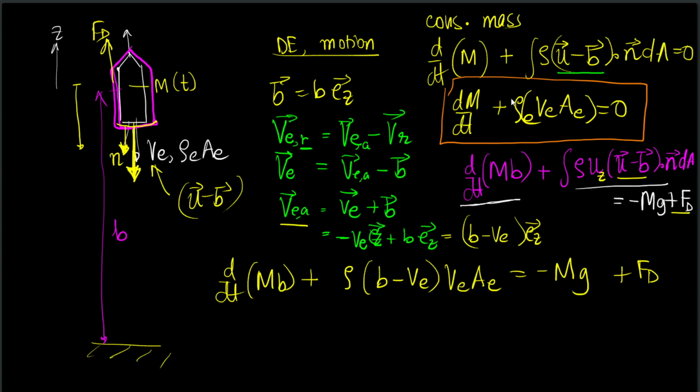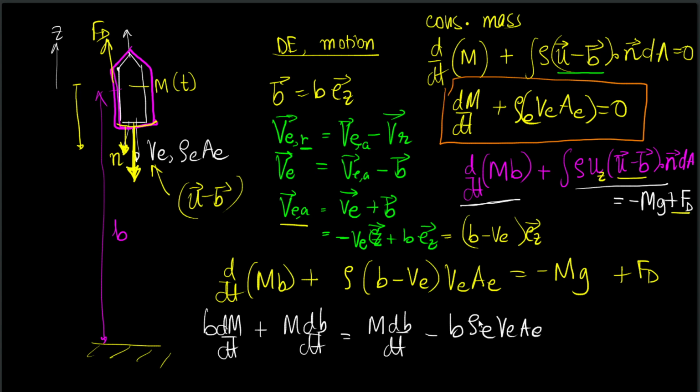So what do we have? If we combine the dm/dt expression from this, this is dm/dt times b plus m db/dt. So this first term is this, and essentially dm/dt is minus of this. So this becomes m db/dt minus b rho e ve Ae. So this first term is equal to this.